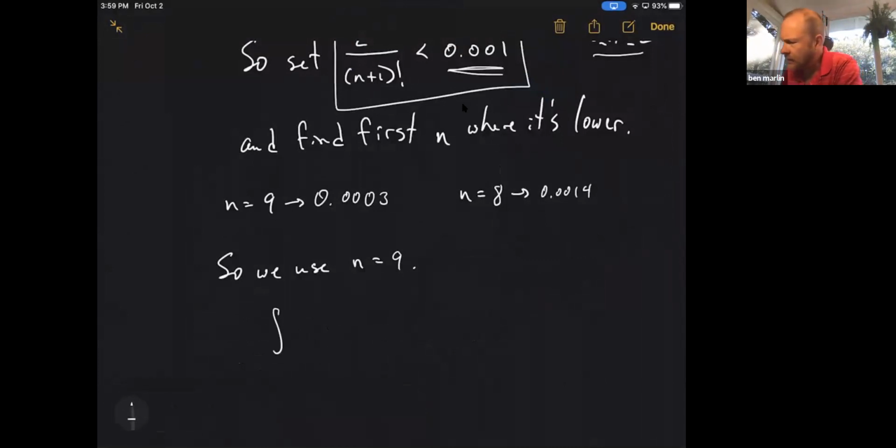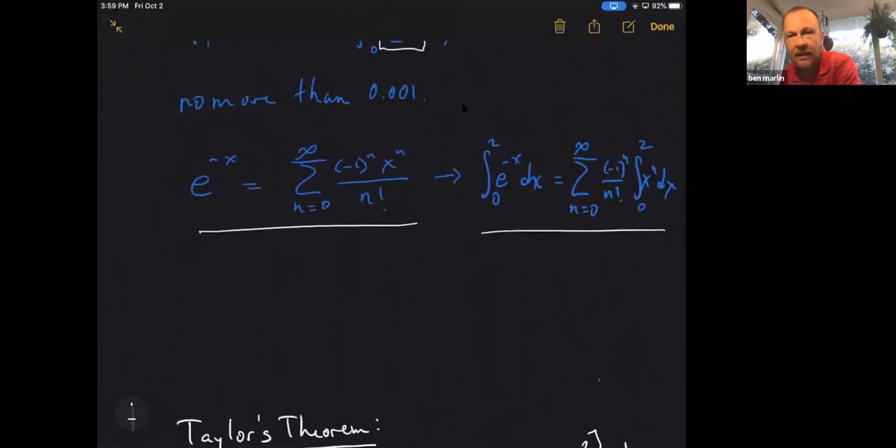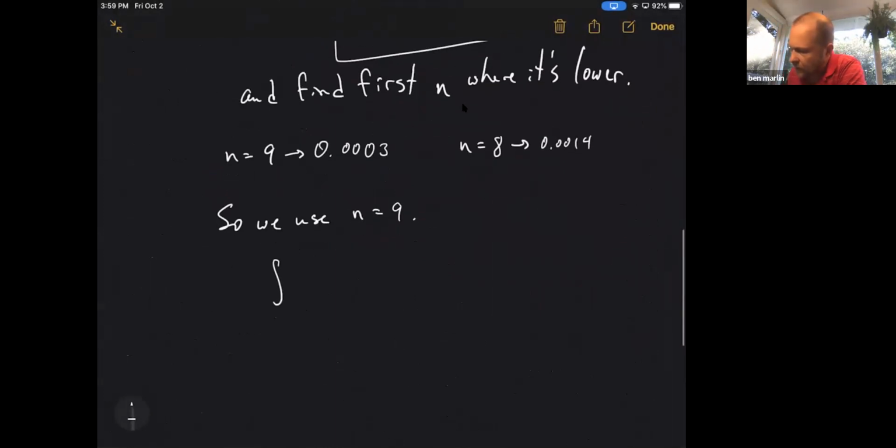What was it? Oh, I'll have to look back and see. It was x to the n dx, all right? So we'll have to go from 0 to 2, x to the n dx. And that's going to give us 1 over n plus 1, x to the n plus 1, evaluated 0 to 2. And that's going to give you 2 to the n plus 1, divided by n plus 1, and then minus 0, right?